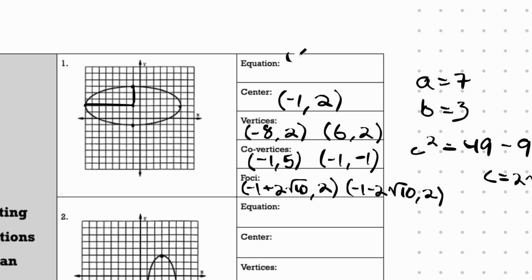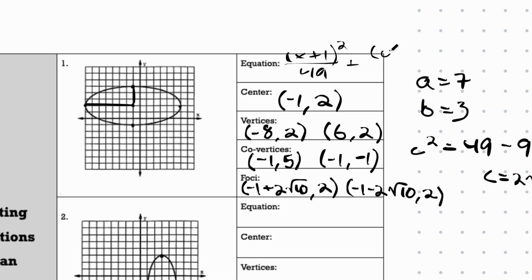If our center is at -1, we're going to have to do the opposite. We're going to have to add 1. Square that. And we see that our major axis is going horizontally, so our a value is going under our x part. So that's a squared. A squared is 49, so we put 49 down here.